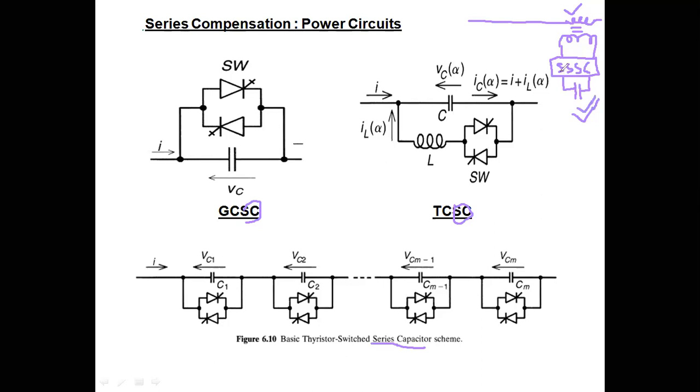In the STATCOM we have a voltage source converter, or you can replace it with a current source converter, but in most cases we use a voltage source converter. Here it is connected in series, but there the converter is connected in parallel.